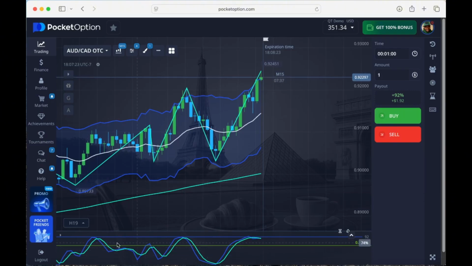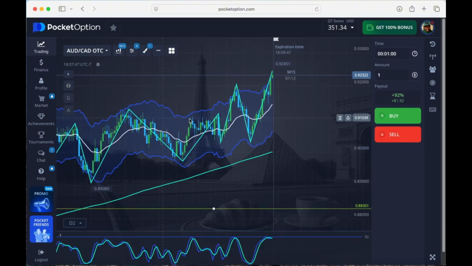And here with the stochastic, I look at that as well. If it's at the top of the stochastic, that means it's an overbought area, so I'll be looking for sells on this pair.